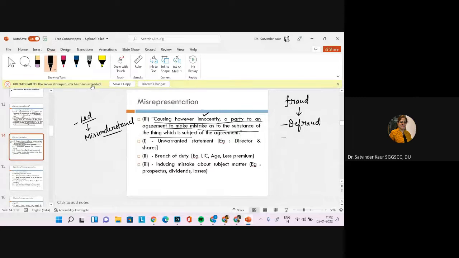These points we have discussed: the act has been done with an intention to defraud others, there should be loss to the party, and you have made a particular promise where you never had any intention to perform it. So there you are intentionally misleading the other party. Here you are doing it unintentionally. So the basic difference comes down to intention.